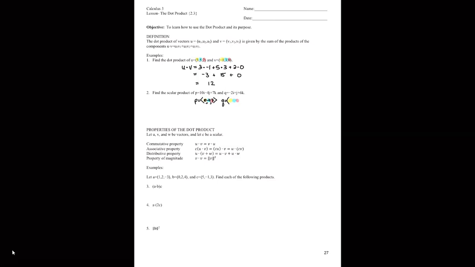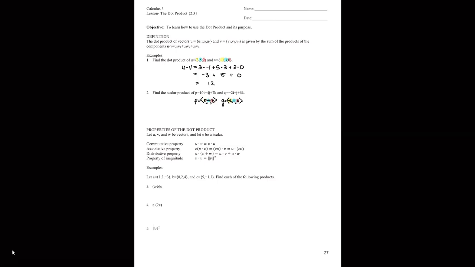You wouldn't have to show this step, you could skip it, but I want people to see what the relationship is. So those are my two component forms of the vectors rather than the ijk notation.